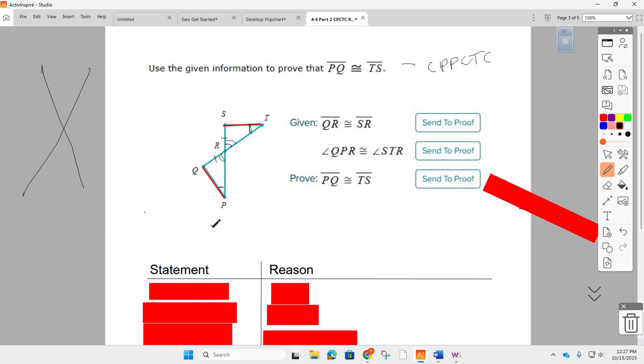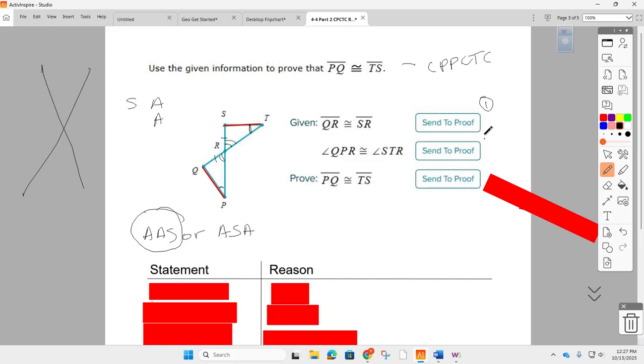So now we have one side congruent and two angles congruent. So our postulate has to be angle side angle or angle angle side to prove these triangles are congruent. So is it angle side angle or angle angle side? Well, angle angle side. Exactly right.